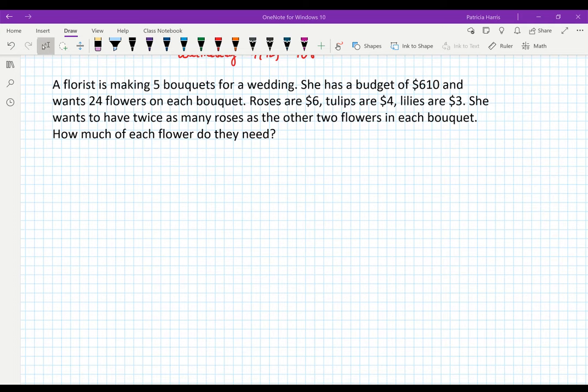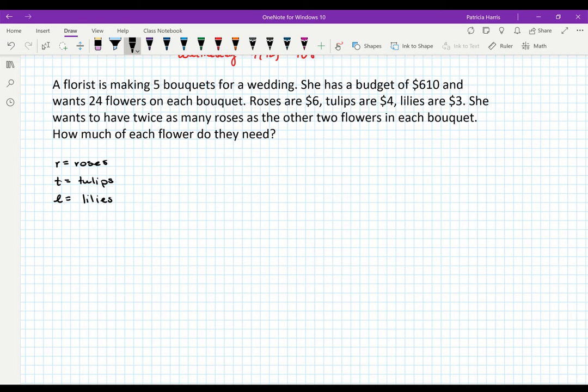Okay, so we have 3 flowers. We're going to do R for roses, T for tulips, and L for lilies.